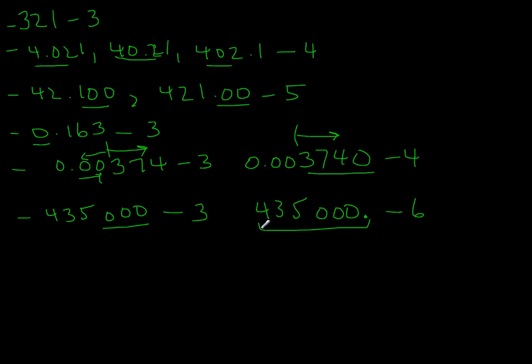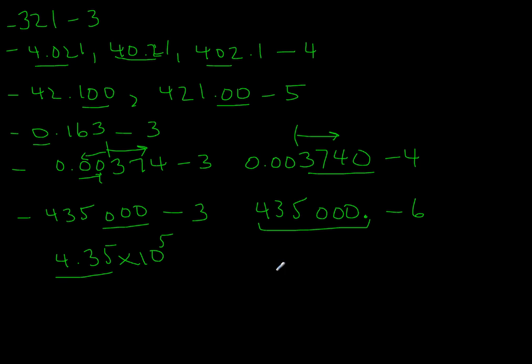Typically though, when you see something like this, we express numbers like this in scientific notation. So if I was going to take 435,000 and express it in scientific notation, I would write it like this: 4.35 times 10 to the, and here's where my decimal is, 1, 2, 3, 4, 5. So 4.35 times 10 to the 5th power, 3 significant digits.